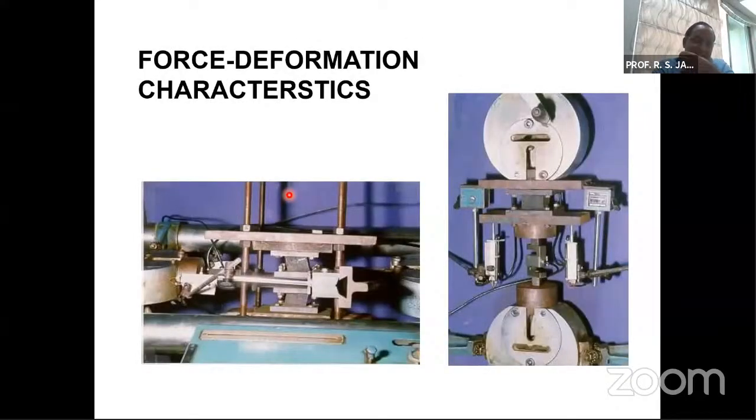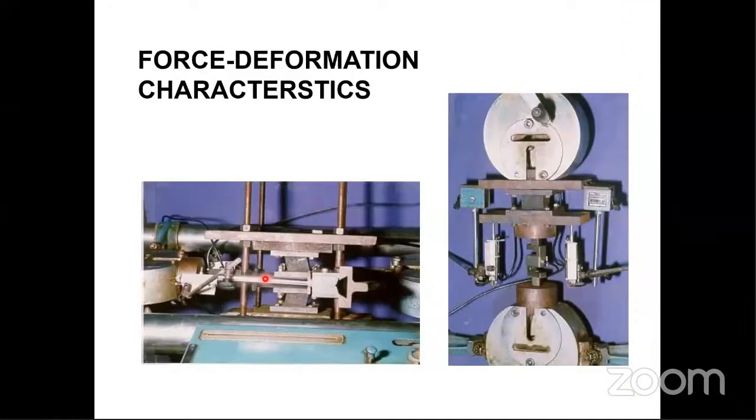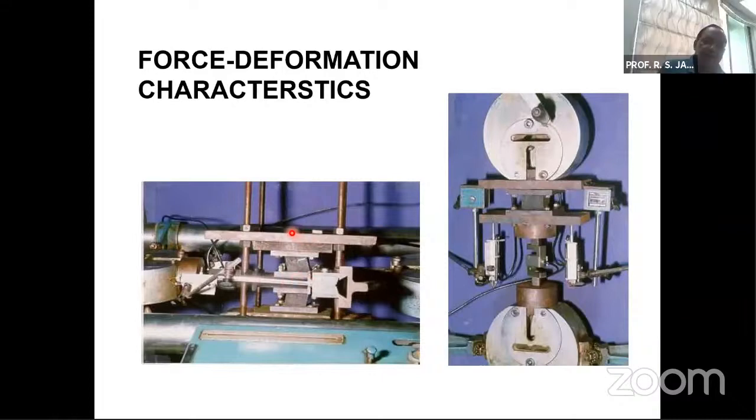Now, as I told you that we carried out some tests, and on the left hand side of this slide, the experiment for horizontal load deformation behavior is shown, where two isolators were kept one above the another, and it was pushed.